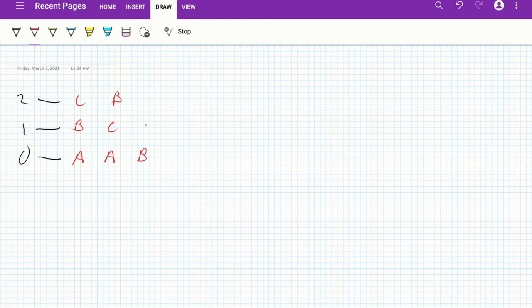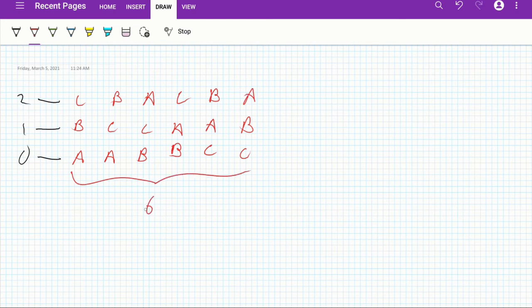B, C, A, B, A, C, C, A, B, C, B, A. And there we have the 6 possible ways of distributing 3 particles, 3 units of energy. Does that make sense, Kyla?